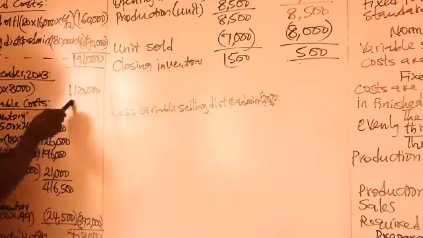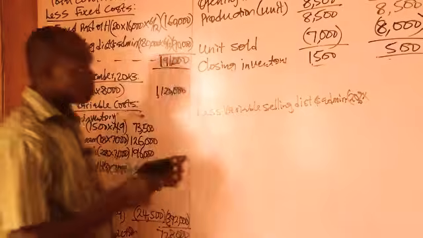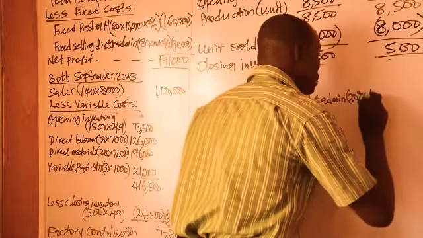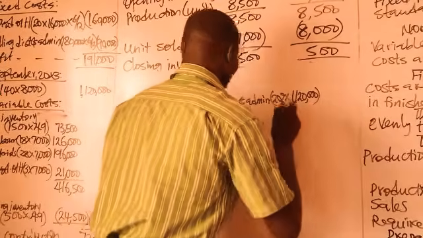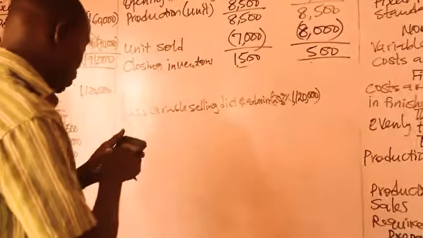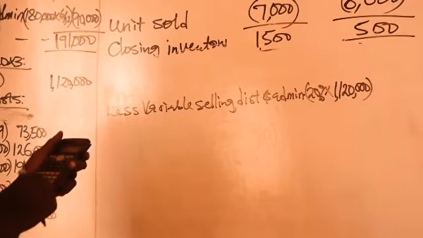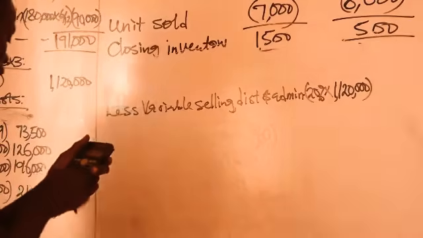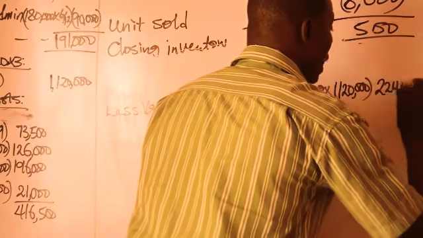And our sales value is 1,120,000. So calculate 20% of 1,120,000, and that will give us 224,000.